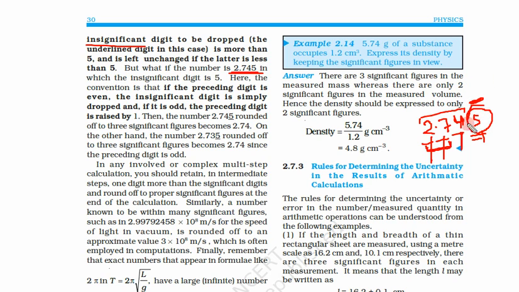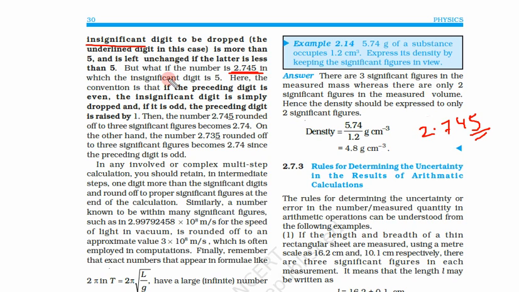Now we are rounding off this insignificant digit. The first unreliable digit is always held in the calculation, but what we have to do with the second, especially when this insignificant digit is 5, is have some rule on whether we should write 2.74 or 2.75.